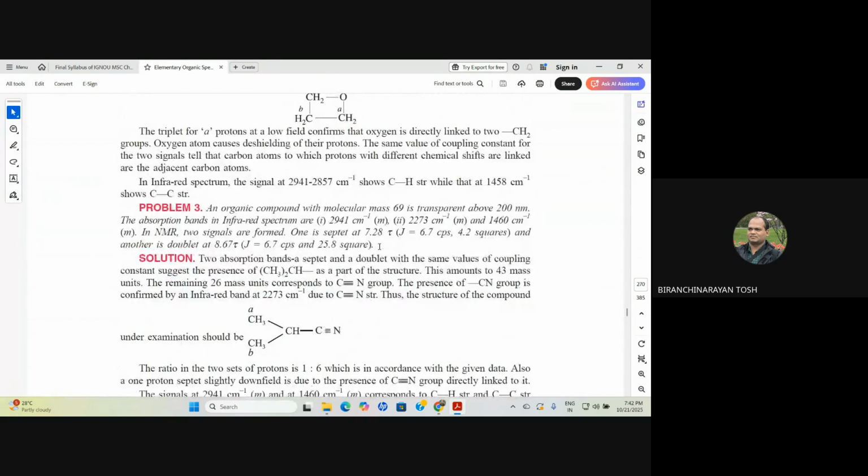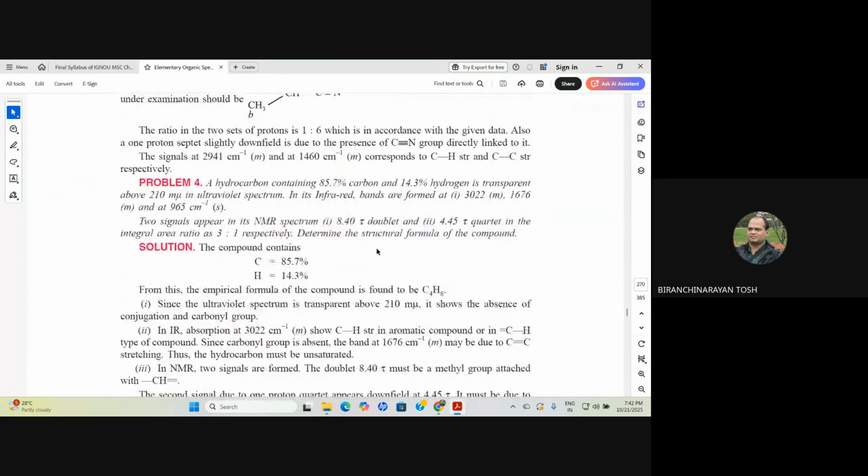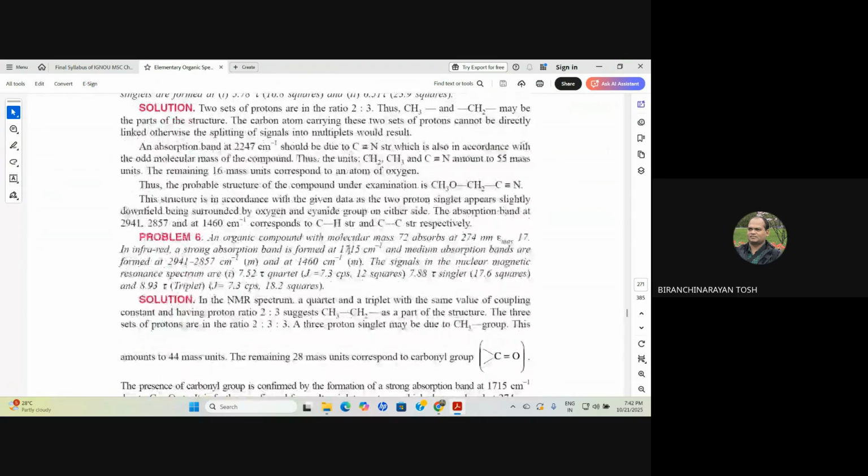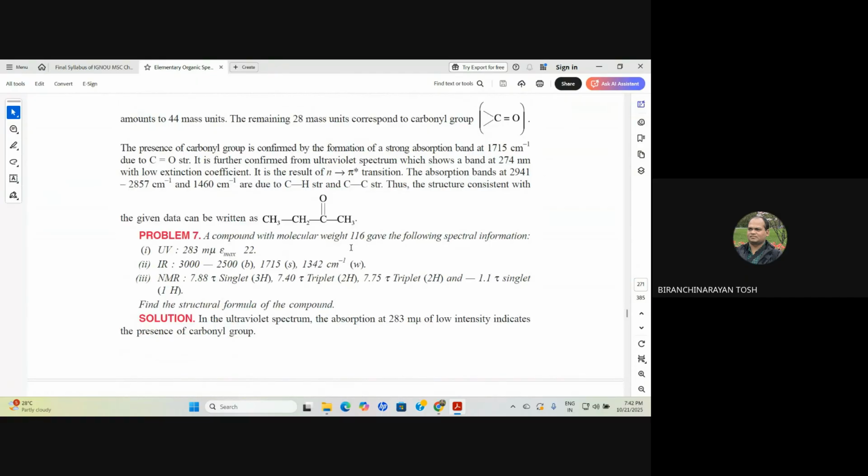Another, let us see. A compound with molecular weight 116 gave the following spectral information: 283 nanometer, the peak.